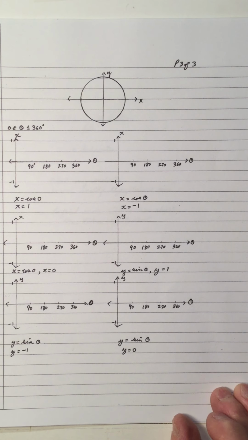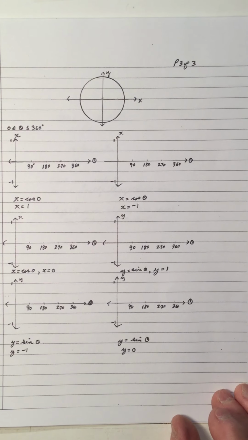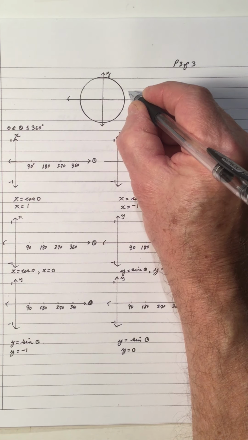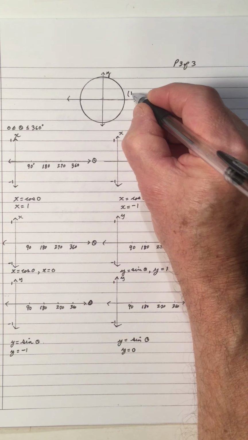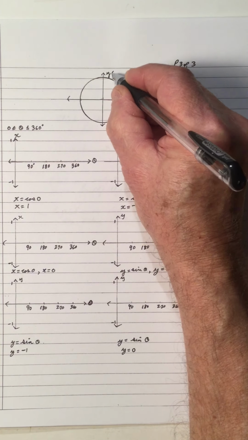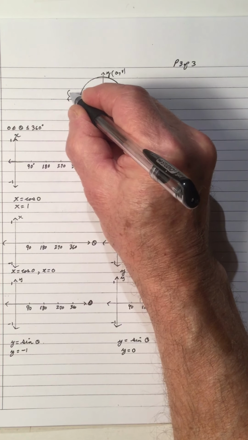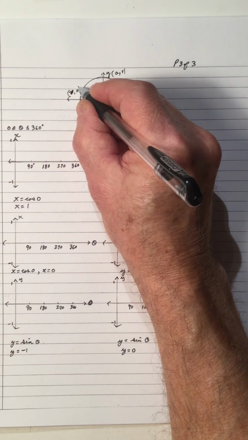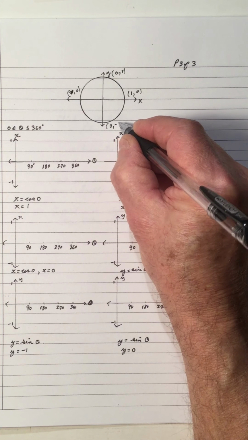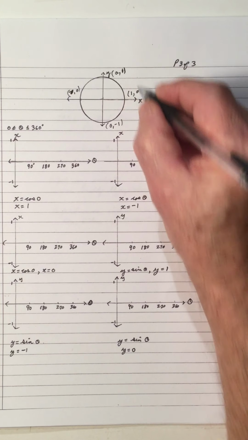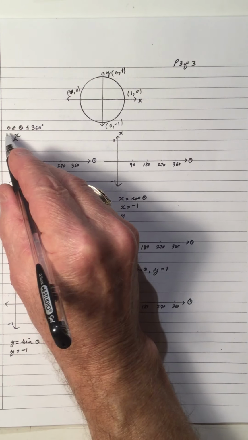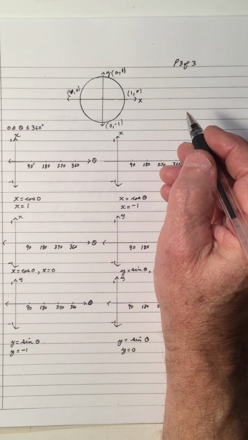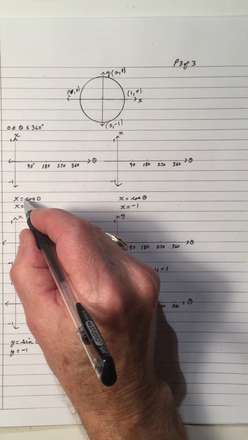And there's another way to handle it also, to show you how it comes around. Here's a circle, and if we go around this circle, we have 1, 0, 0, 1, negative 1, 0, and this one is 0, negative 1. So we're going from 0 to 360, including 0 and 360, and we're doing it in terms of cos.